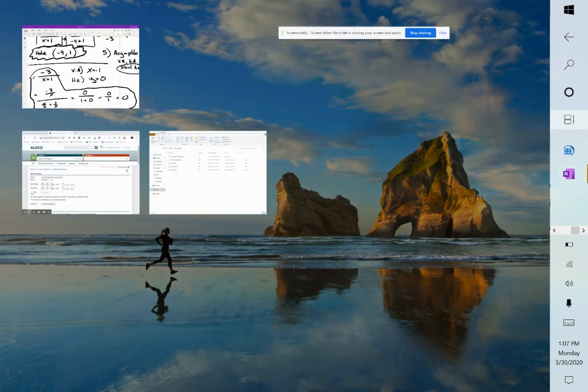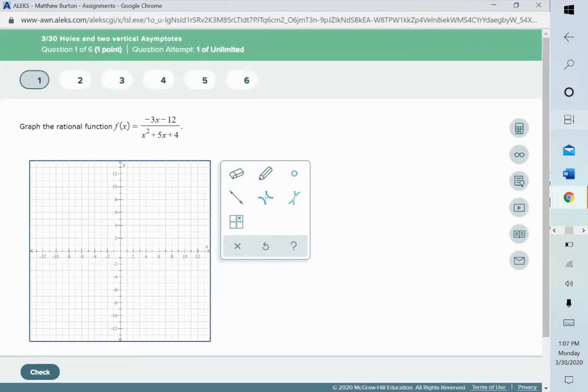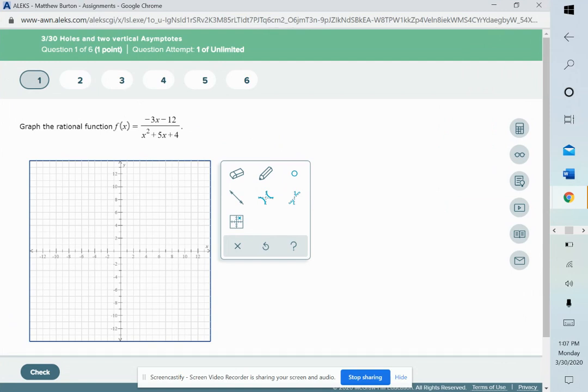All right, so let's go in and plot our points. First of all, I suggest plotting your points. So how I got to my hole was I chose this little line right here. I said my hole was at -4, 1, so I'm going to plot my hole right there.